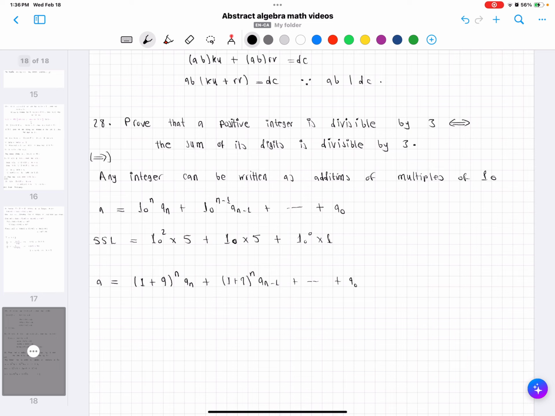Each of the 9s here is a multiple of 3. So we can write them like that.